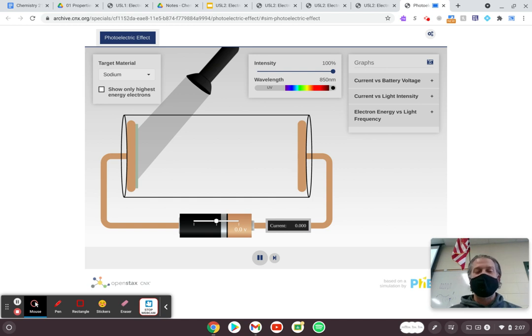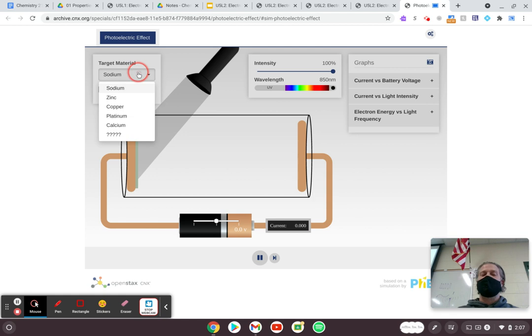There is a metal on the one side, and on the other side there's a detector, and that detector is detecting whether or not electrons are being transferred from the metal to the other side. There's lots of metals a person could choose from. We're going to use sodium in this instance.